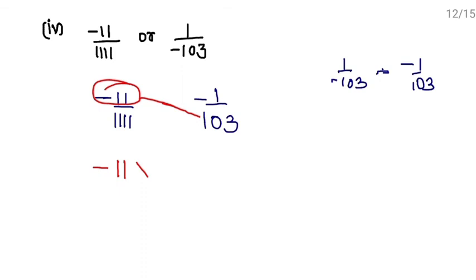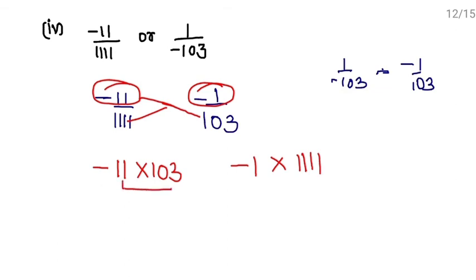Write this numerator, multiply it by this 103. Write this numerator, multiply it by 1111. Now when you multiply these two, you will get 1133 of minus sign, and after multiplying these two you will get the same number 1111, and that will be of minus sign.